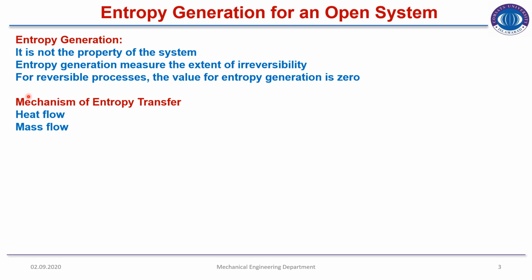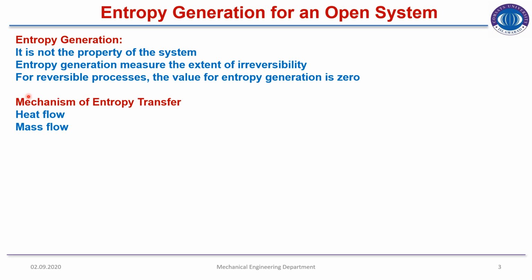Therefore the two mechanisms will be discussed in this topic of entropy generation for an open system. As this is an open system, mass will be transferring in and out of the system, and heat will also be transferring in and out of the system.